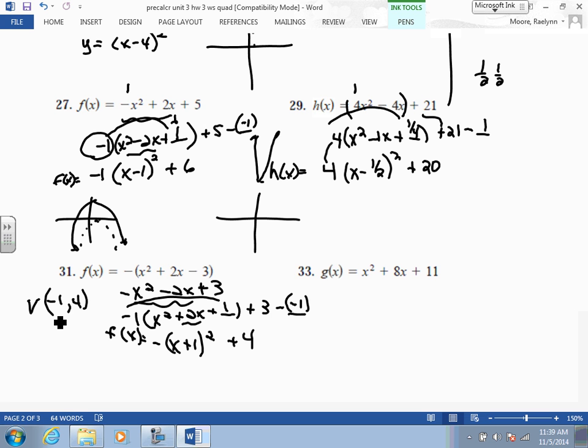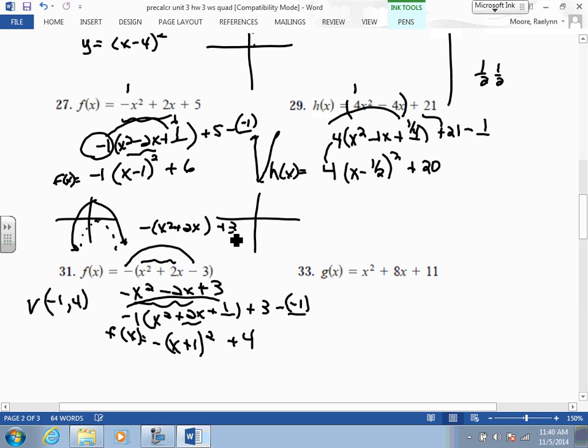Now, if you wanted to, this is already factored out of this little piece right here, right? All you want to do is remove the 3 from this mess. So if you factored just the 3 and took this out, you would still get this. Did you get that?